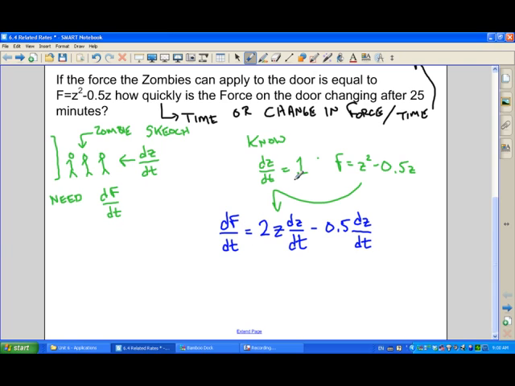We have one equation. We can plug some things in for this equation, but we'd still end up with 2 unknowns. So we also need the number of zombies at the door after 25 minutes. Well, if they're arriving at a rate of 1 zombie per minute after 25 minutes, there'd be 25 zombies.